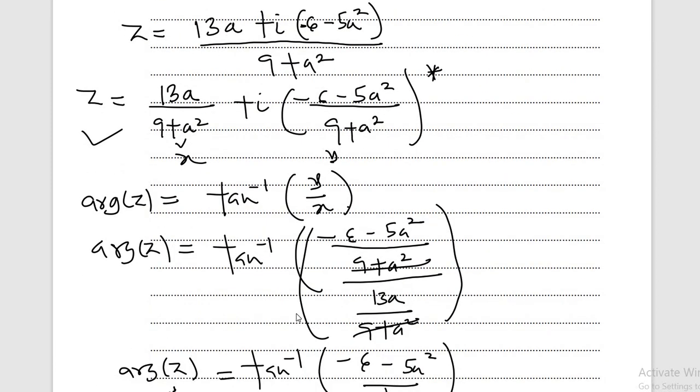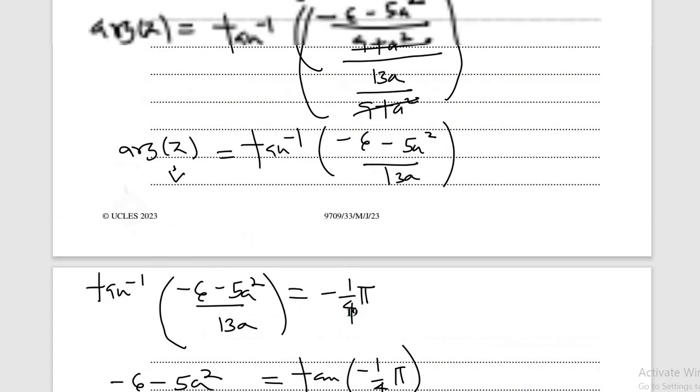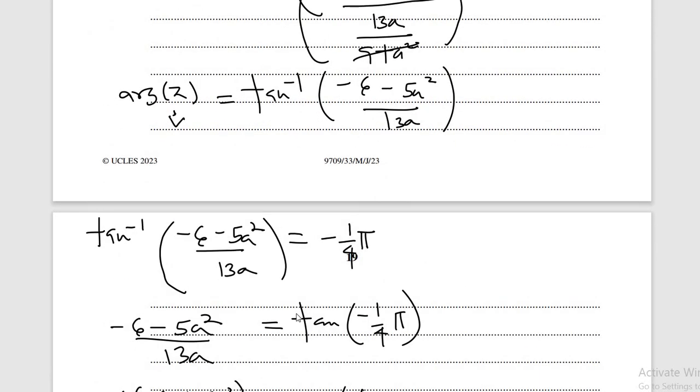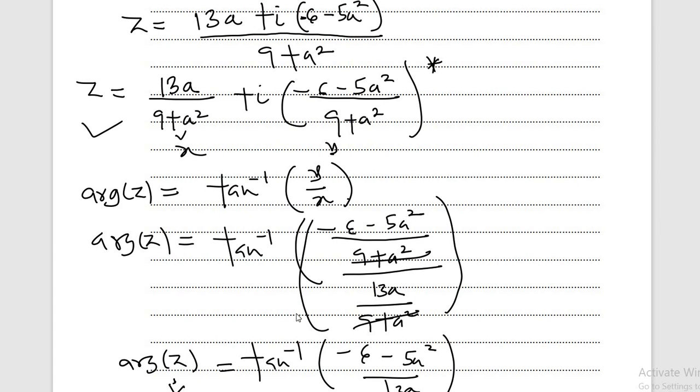So since a is 2, 13 times 2 over 9 plus 4, plus i minus 6. a is 2, that's 4 over 9 plus 4.